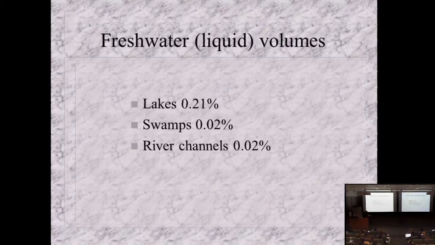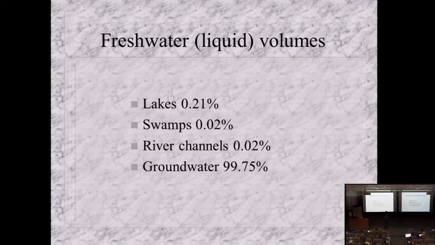this is the same stuff, but now what we're doing is taking out anything that's frozen and anything that's salty, and you see that lakes don't get to be much bigger, right? Lakes, 0.2%, swamps, 0.02%, river channels, 0.02%, and I put this out because this shows the power of that small, 2/3 of the overall hydrologic cycle, groundwater.